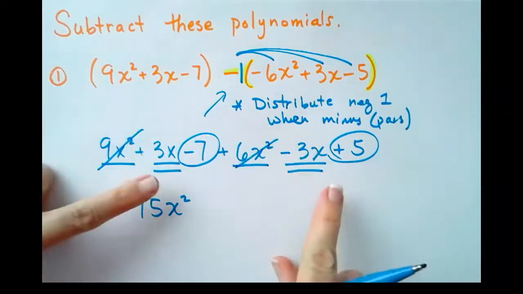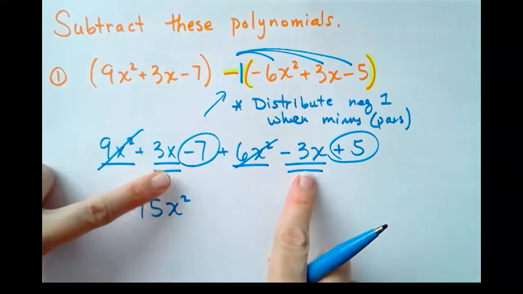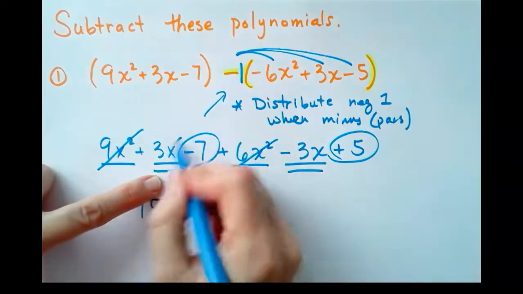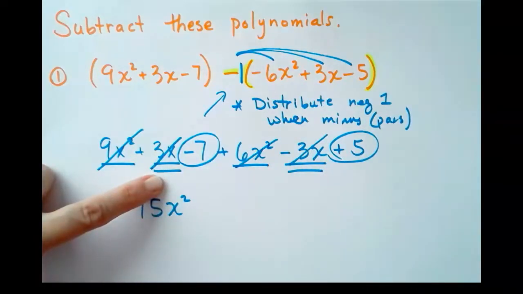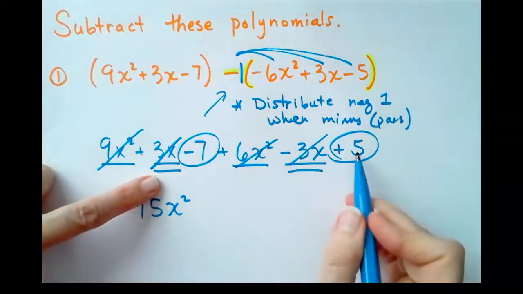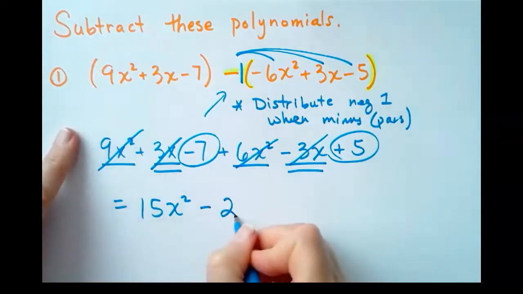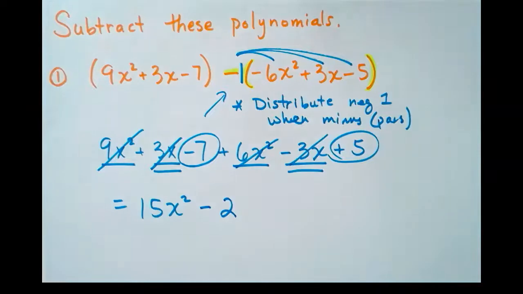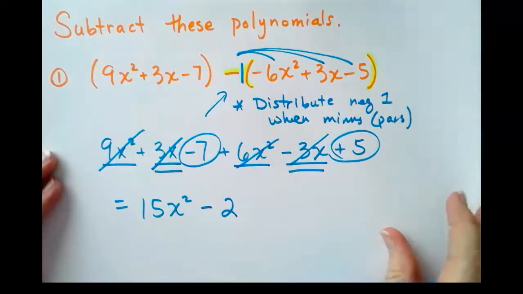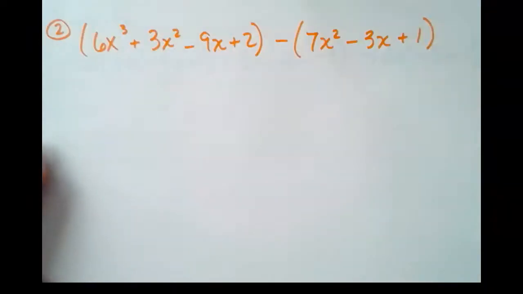Mark them off. 3x and a minus 3x. These are opposites. They will cancel completely. Lastly, negative 7 and a positive 5 is negative 2. That is the simplified form, and that again is done in a horizontal format. Your choice, horizontal or vertical.